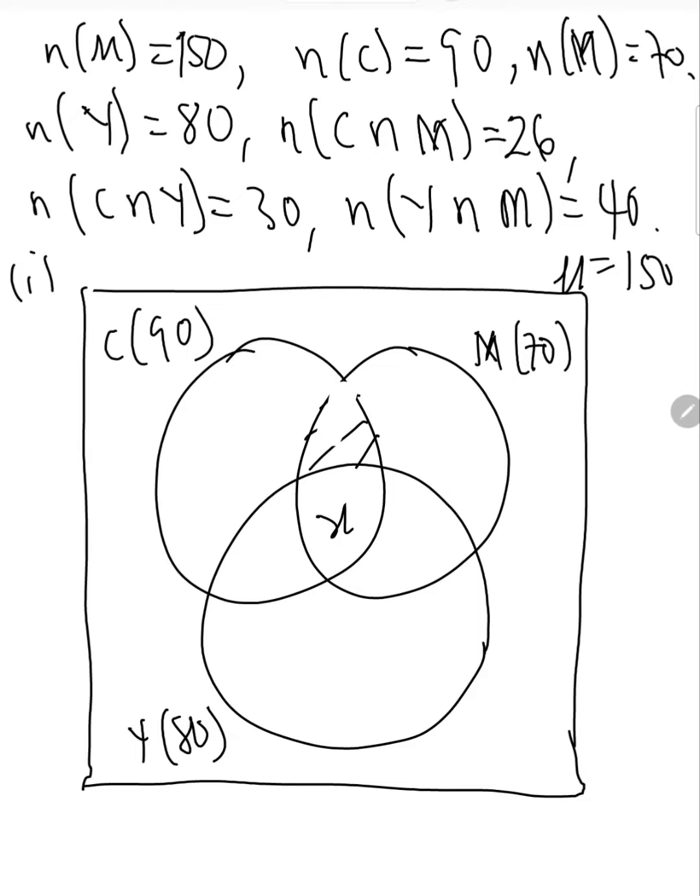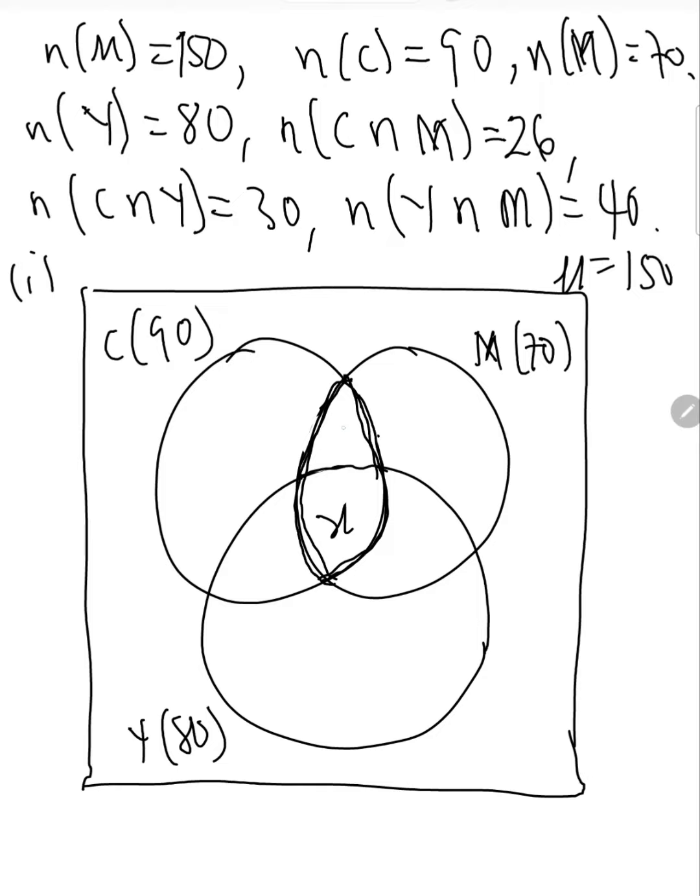So how many of them fall within the shaded portion? They are 26. But don't forget, the other part also eats into this side. Can you see it? The intersection. So this part also eats into the x. So the 26 means it comprises the x.